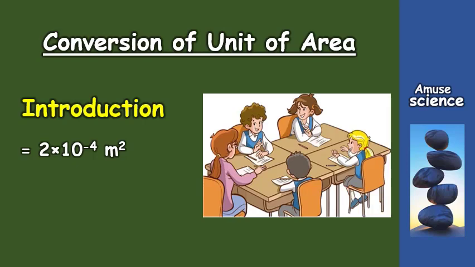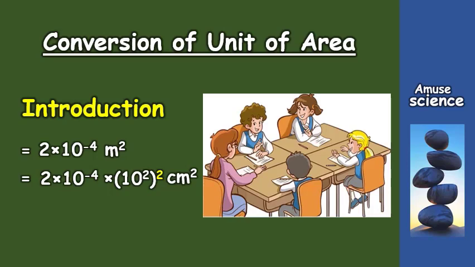In addition to that, because we are dealing with the squared of the units, we also have to square the prefix. In this case, we are going to have the 2 times 10 exponent minus 4. And now introducing our prefix, which is the centi, we are going to have times 10 exponent 2 squared. And this gives our answer in centimeter squared.